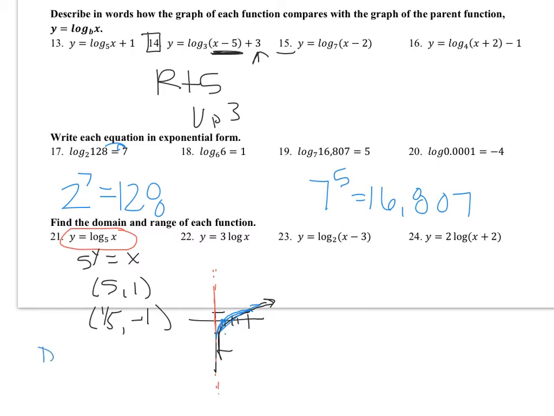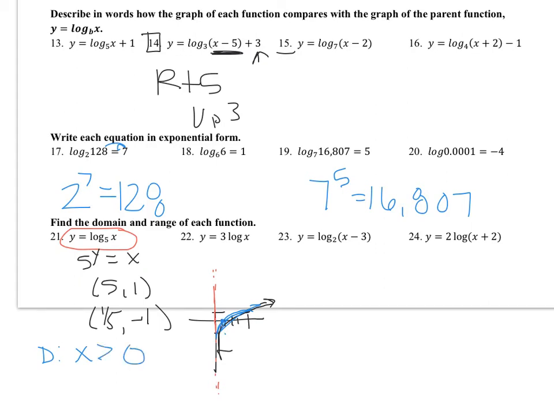So my domain is always, okay, what numbers can x be? And depending on how your teacher does this, it might be different. So if they don't do domain and range written like this, then let me know when I can change it. But x is never going to be 0, but it can be really, really close. So in this case, it's all moving to the right. Moving to the right, that means x is getting larger. So x is greater than 0.